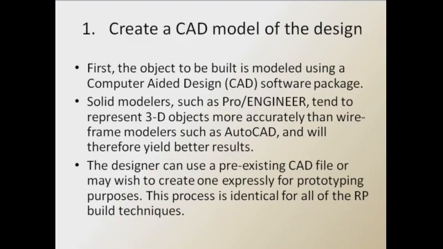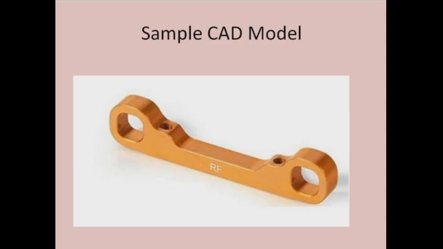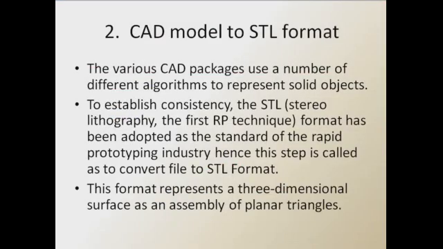ProE, CATIA, and SolidWorks will give you better results compared to wireframe software such as AutoCAD. The designer can also use a pre-existing CAD model file to create the prototype. This is a sample CAD model that we can use.